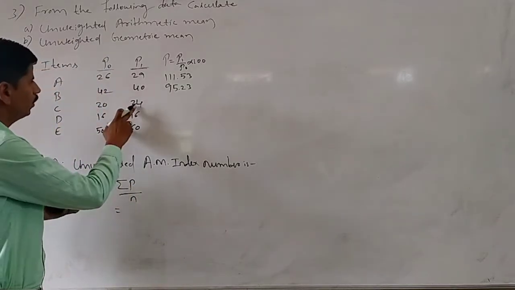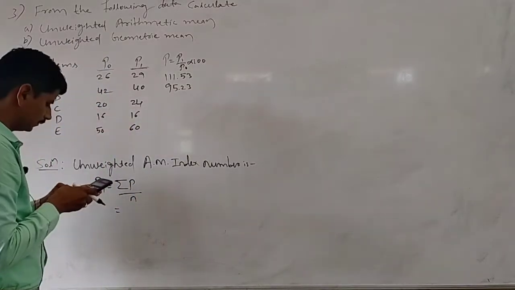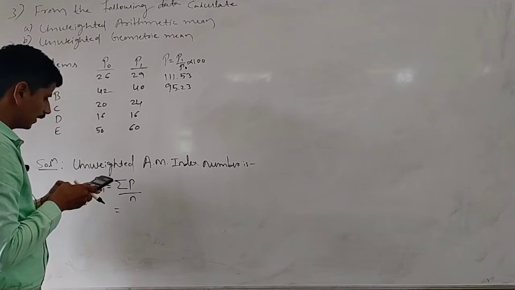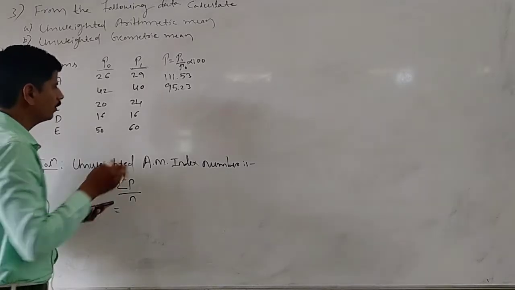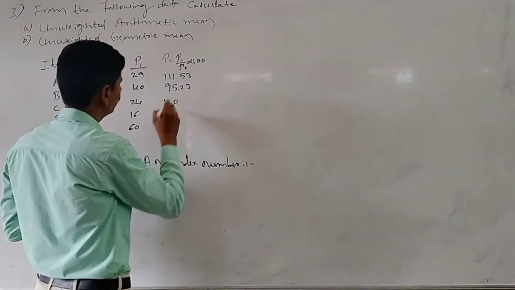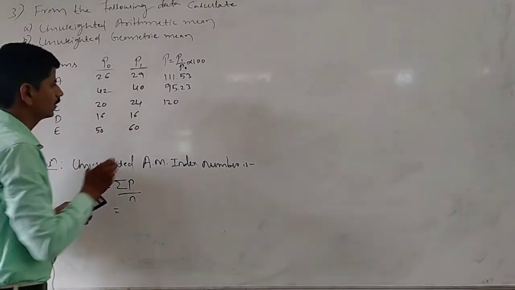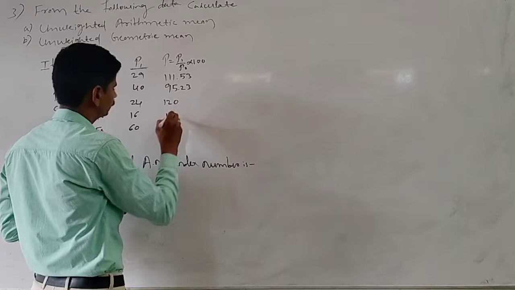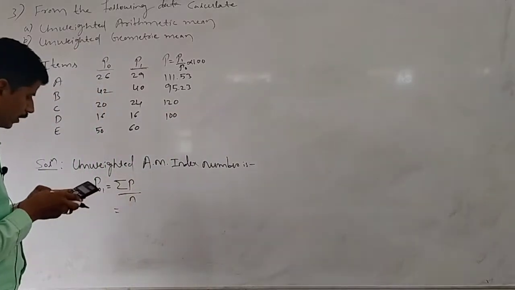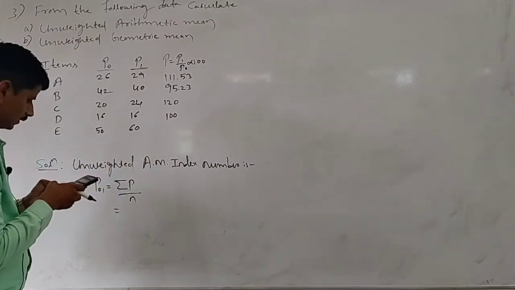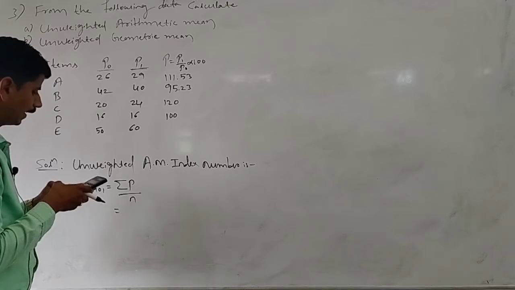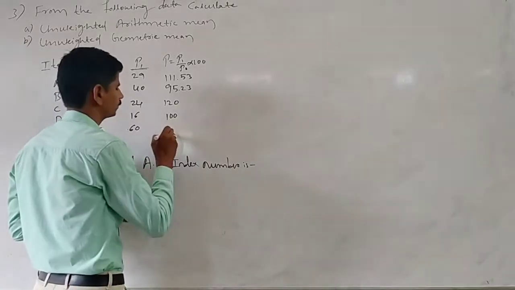The next, third value: 24 divided by 20 into 100, then we get 120. The next value is 16. 16 divided by 16 into 100 is 100. Next, 60 divided by 50 into 100 is 120.